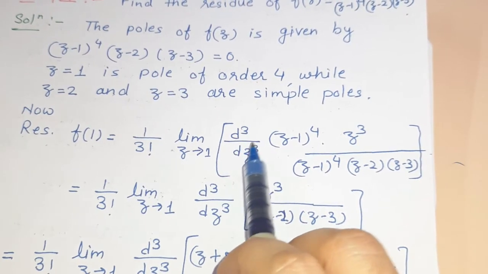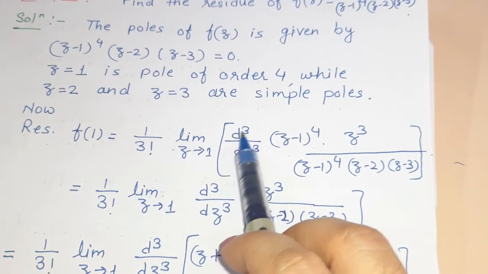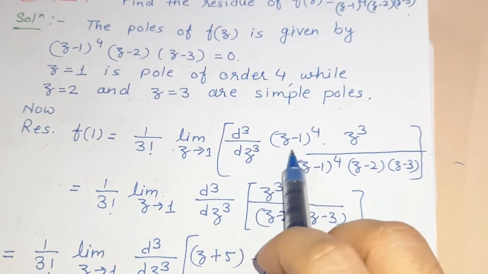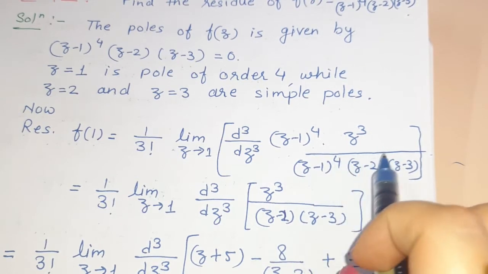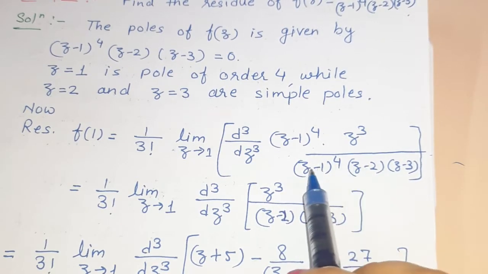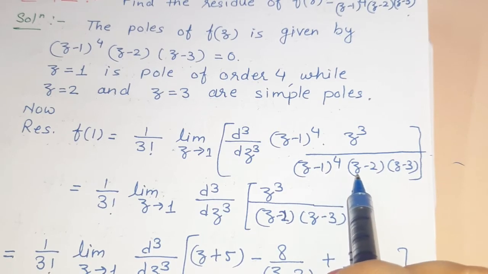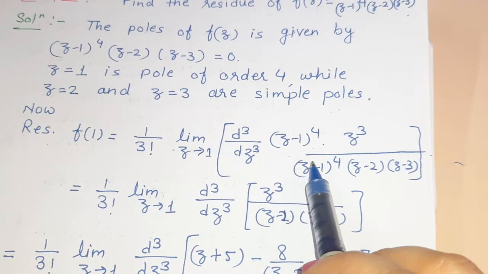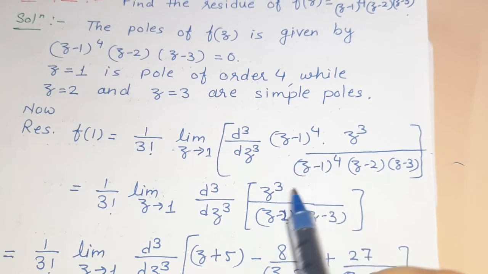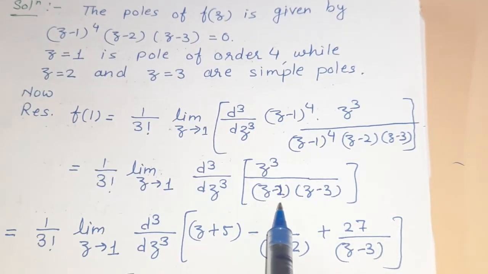So n is 4 here, so n minus 1 is 3. So d cube by dz cube of (z minus 1)^4 into this function, z cube by (z minus 1)^4 (z minus 2)(z minus 3). And these two (z minus 1)^4 terms will cancel each other, and we'll get this function.